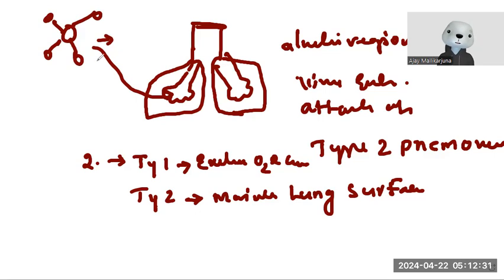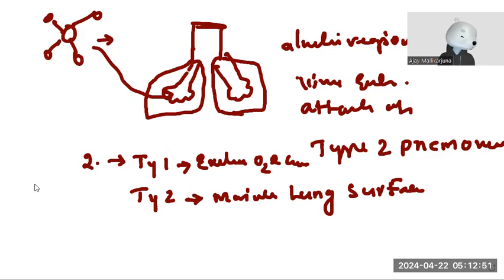When these virus particles enter into the lungs, into the alveoli, through the cough and respiratory droplets, they attack the type 2 pneumocytes that are present in the alveoli.